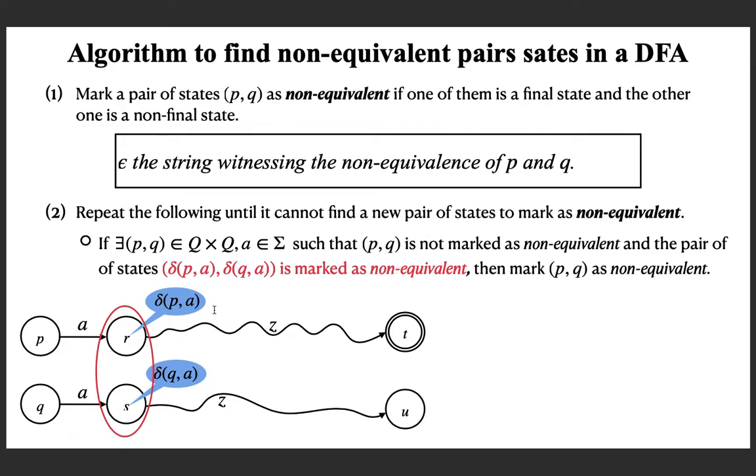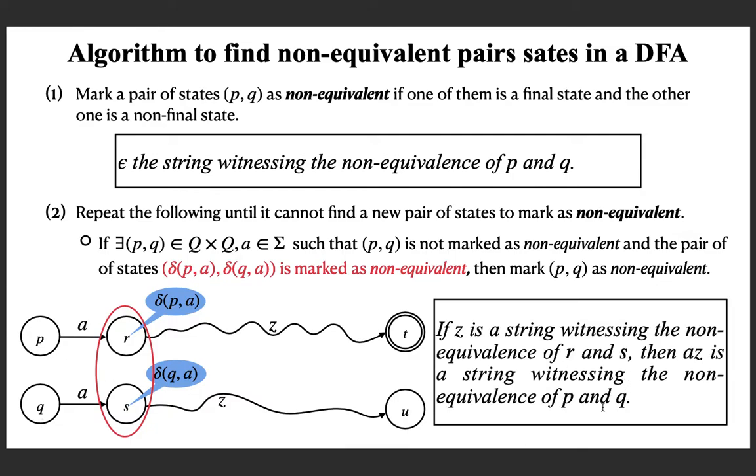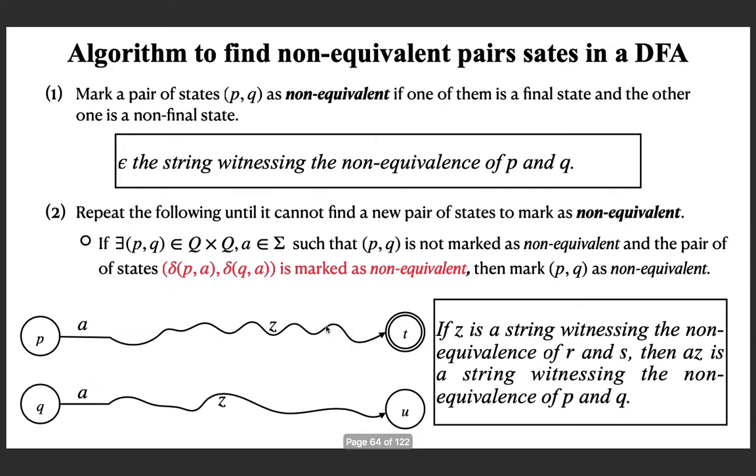See, we are looking at non-equivalent states, not the opposite. Then you can easily see that, for the same reason, AZ is going to be the string distinguishing P and Q. So AZ takes you to a final state from P and AZ takes you to a non-final state from Q, and hence AZ is the string which distinguishes P and Q as non-equivalent.